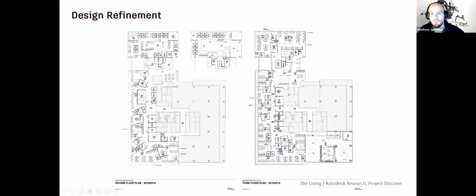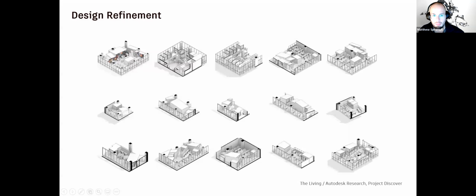Once we selected one version, this was again interviewing all of our employees and seeing which ones they like. We were then able to take a final version to completion. So this is what our neighborhoods looked like. And we finally took them into Revit for detailing.